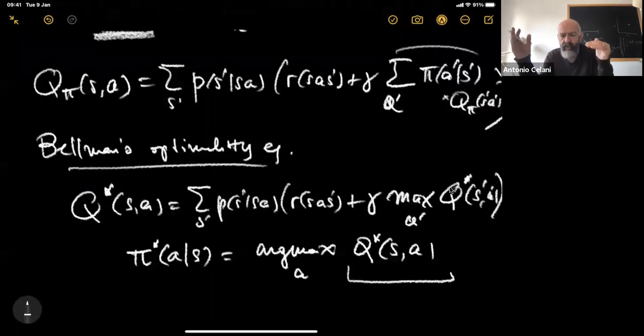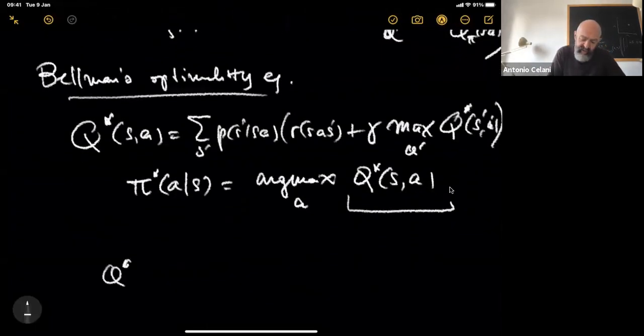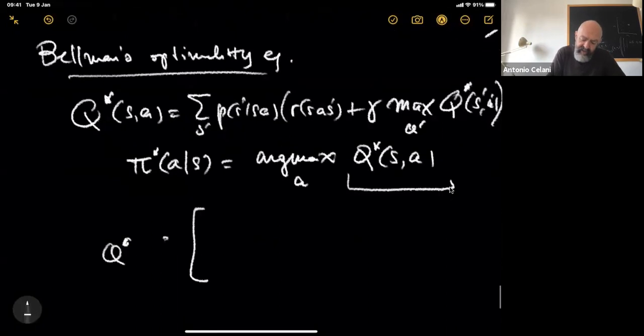So for each row, which is labeled by S, let's say we draw the Q star as a matrix in which there are states here and actions here. All the columns are given by the actions and all the rows are given by the states.